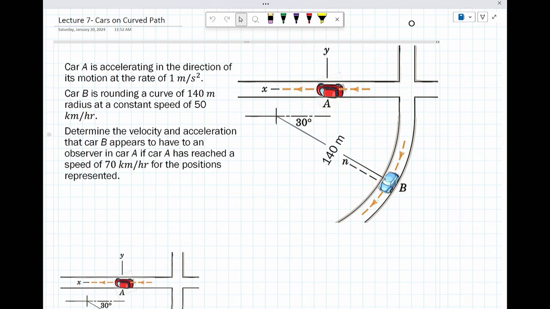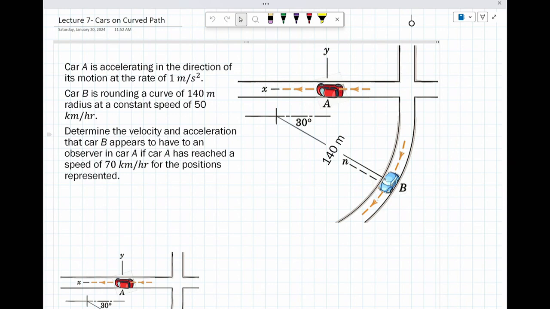All right, here you're not measuring velocities. You have two velocities here. Car A is accelerating in the direction of its motion at a rate of 1 meter per second squared. Car B is rounding the curve of 140 meters at a constant speed of 50 kilometers an hour. This is similar, but not the same as a problem you're doing in the homework.